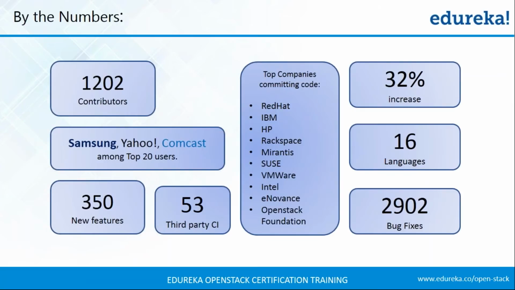By the numbers, there are 1,202 contributors. Samsung, Yahoo, Comcast, which are some of the big giants in the tech industry, are among the top 20 users of OpenStack. There are 350 new features launched recently. There are 53 third-party cloud integrations, and the top companies are committing code every day.